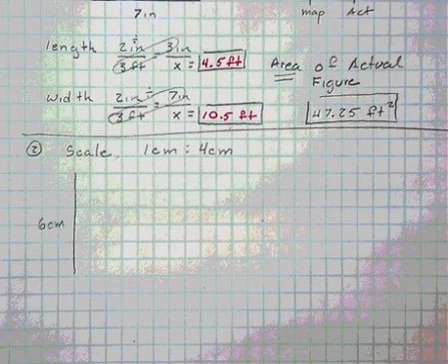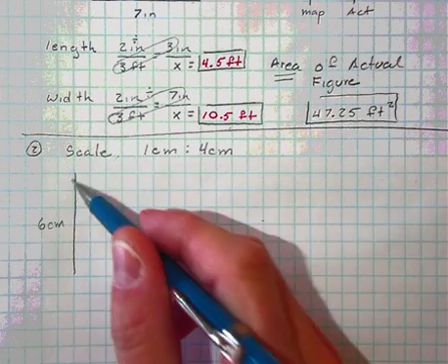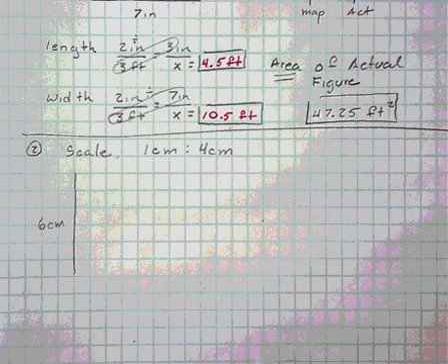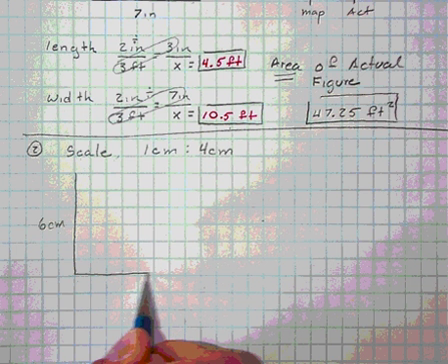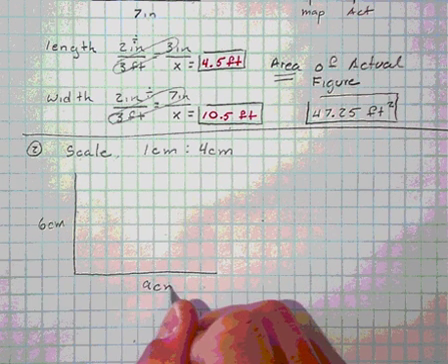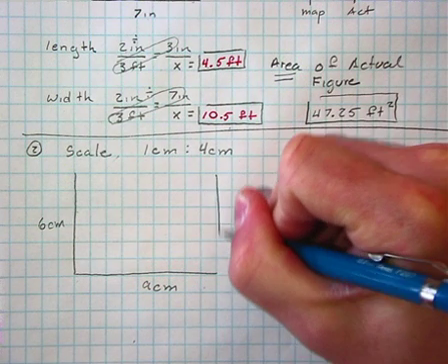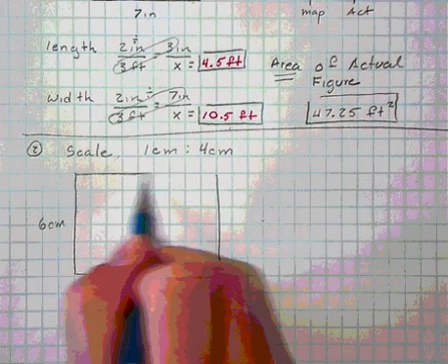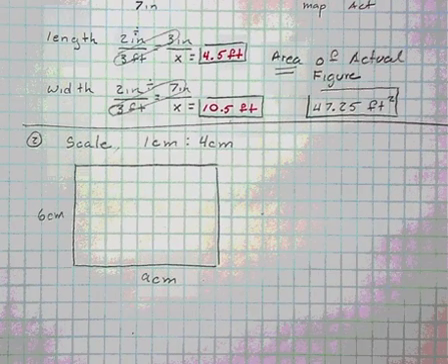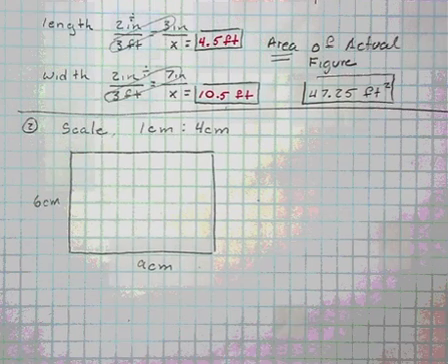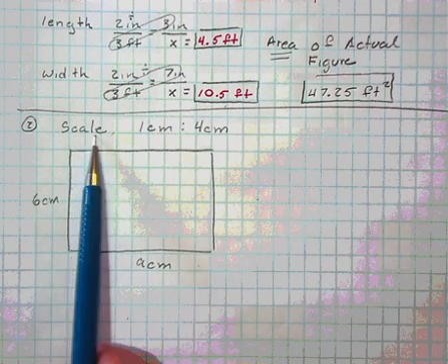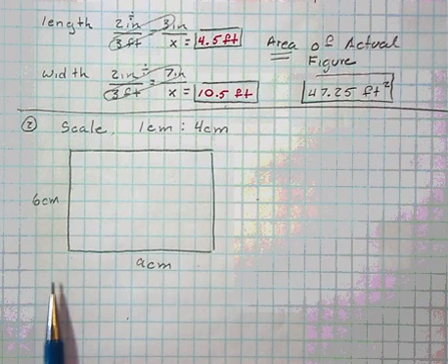We're going to pretend that that's 6 centimeters. It's 1/4 inch graph paper, but we're going to pretend it's centimeter. So 6 centimeters by 9 centimeters. So the scale here is 1 centimeter to 4 centimeters.